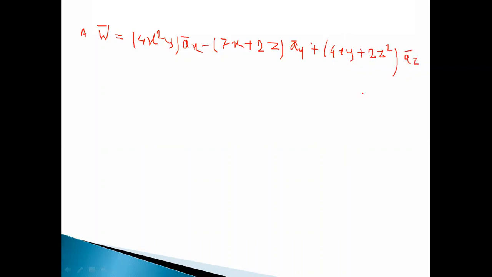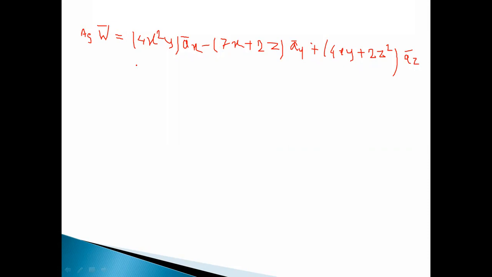Okay. So here what is given? A vector field W bar is given in Cartesian coordinate system as this W bar. This vector is given. Then first write down the question.